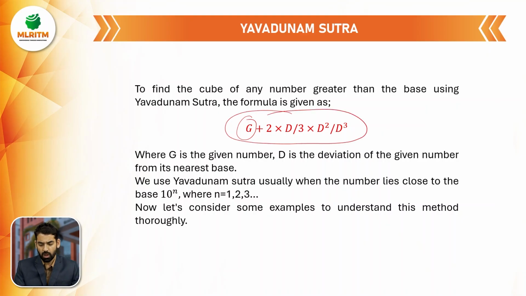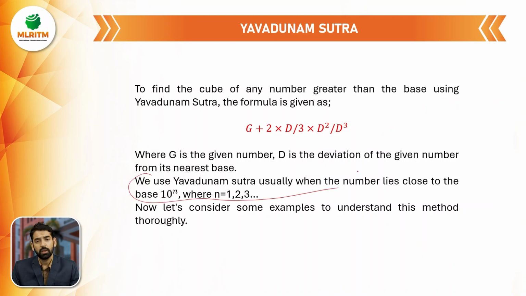Now, in what situations do we use Yavadunam Sutra? Here you can find that Yavadunam Sutra is used to find the cubes of numbers that lie close to the base 10 to the power n. I will make it a little clear. 10 to the power n means numbers close to the base 10, or close to the base 100, or close to the base 1,000 and 10,000, and so on.